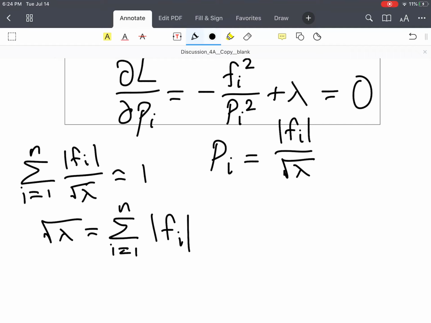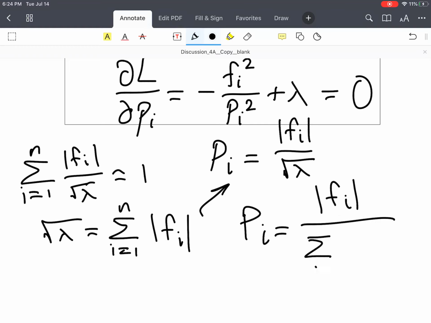And so if we look at this, now we can plug this equation back in here, and we'll get p of I is equal to absolute value of f of I over the sum over, let's make it j, because I is already used in this case, of f of j.